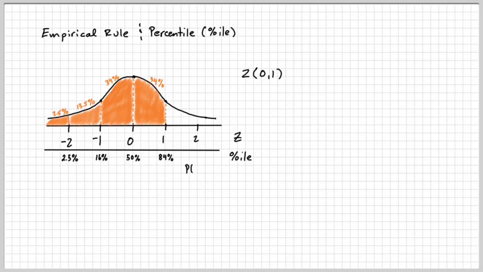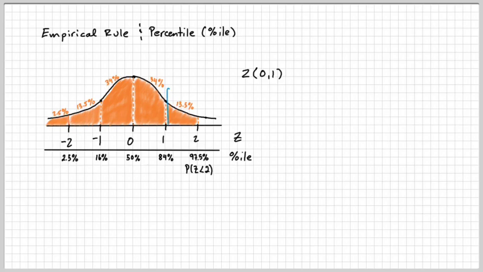Let's keep going. And then probability of z being less than 2, that's 97.5%. So anything below 2, and this is a z-score of 2. Less than 2, there's a 97.5% chance that you'll choose it at random.